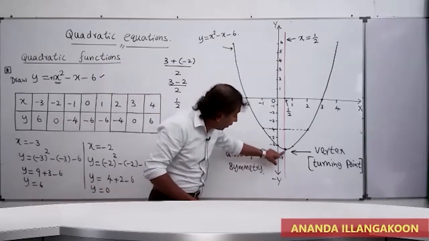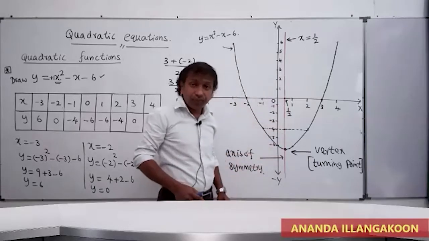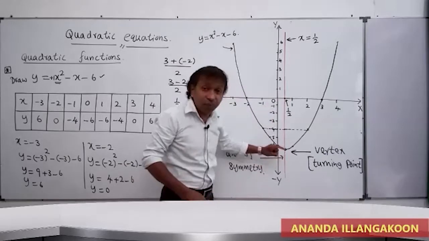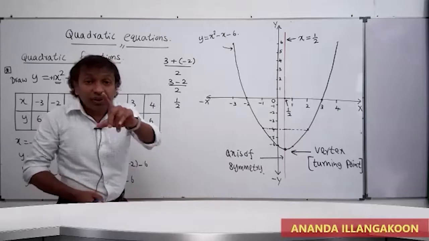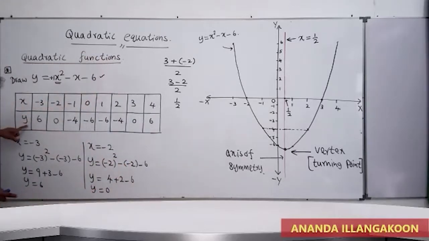Then to find the y coordinate, this height, we have to find it. That height can be found this way. Now, how did we find this y value when x equals -3? We substituted x equals -3 into the equation and simplified. That is how we found this 6, the y coordinate.